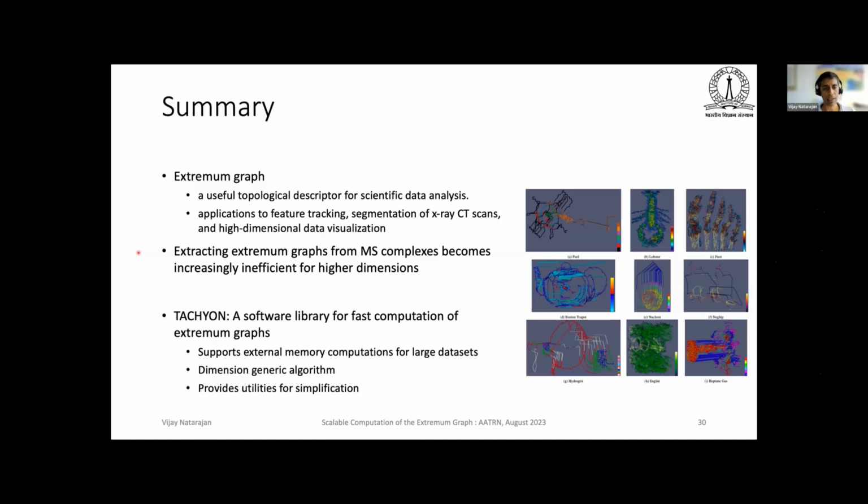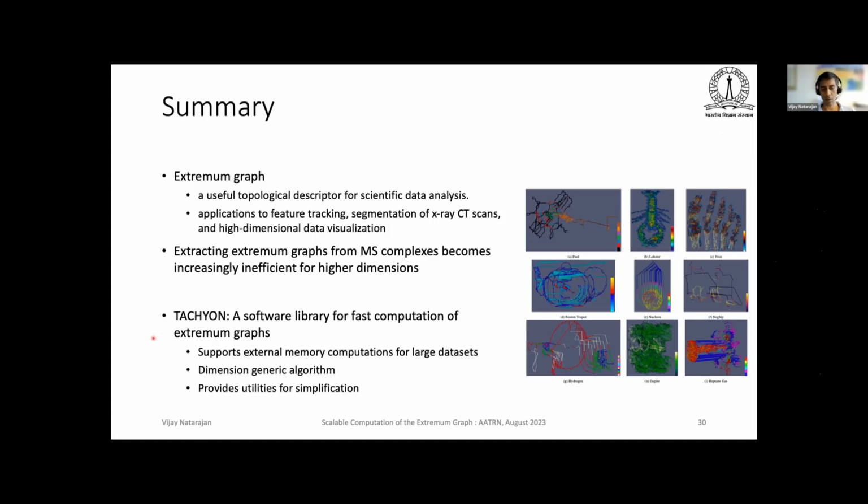The challenge is the computation of the extremum graph, and the earlier approaches essentially employed this approach of extracting the graph from the MS complex. This became increasingly inefficient for higher dimensions. And we hope that Tachyon is able to address this need for efficient computation of the extremum graph.